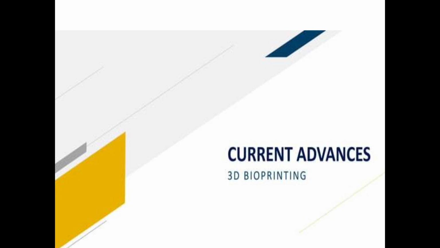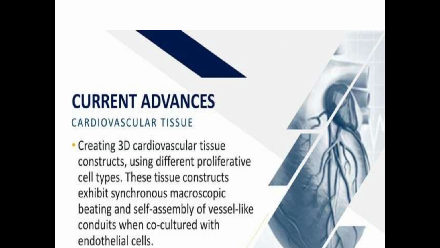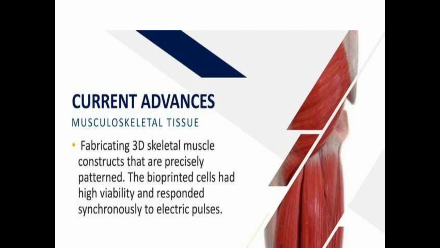What are the current advances in 3D bioprinting? We are creating cardiovascular tissues, where we can proliferate cell types that exhibit synchronous macroscopic beating and self-assemble along with endothelial cells. And we can fabricate 3D muscles.